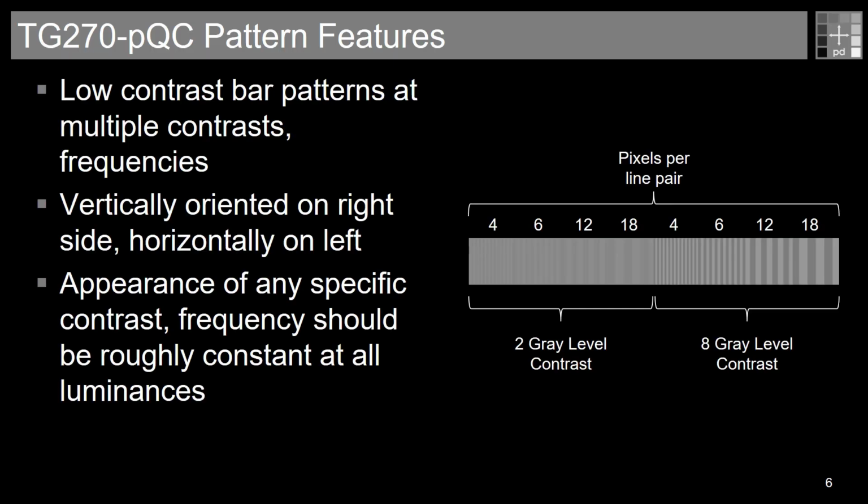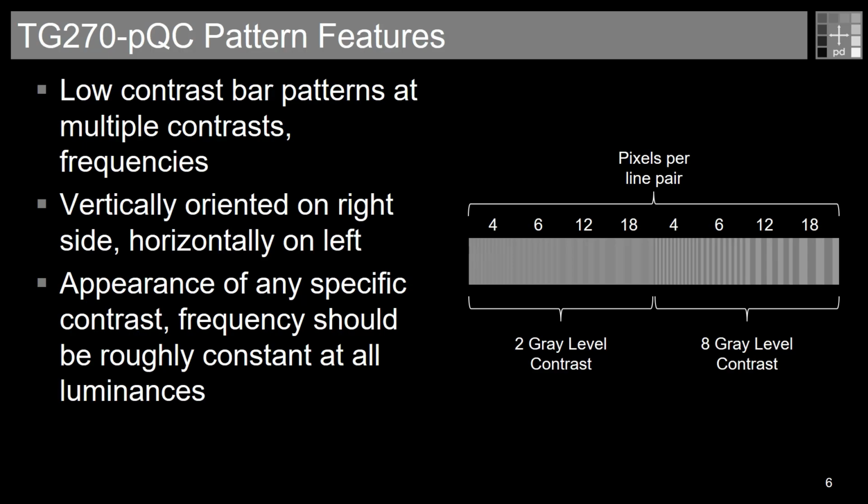The next region of the test pattern we'll look at are the series of line pairs that are displayed to either side of that central column. Let's take the next slide to look at one section of these line pairs. The line pairs are low contrast bar patterns, which are displayed at 2 different contrasts and 4 different frequencies.